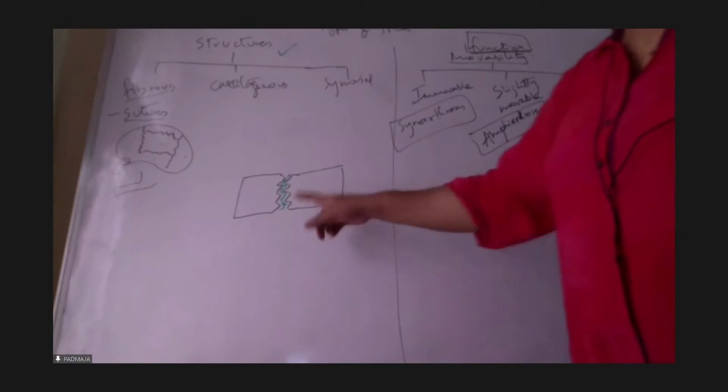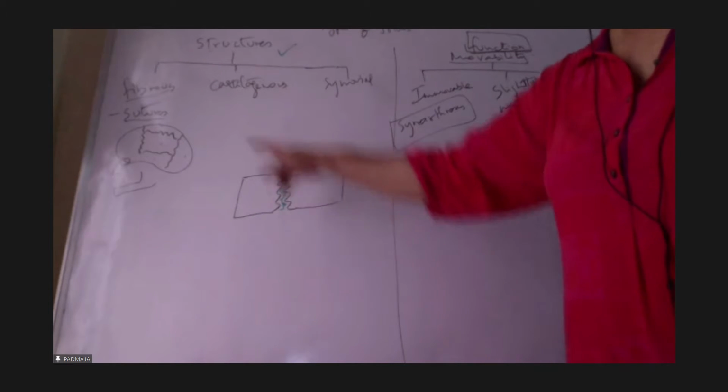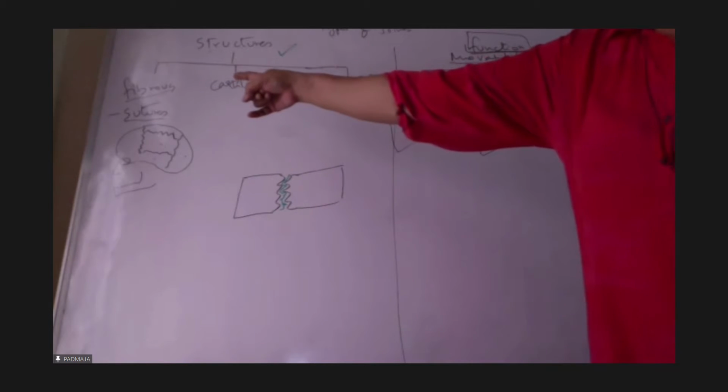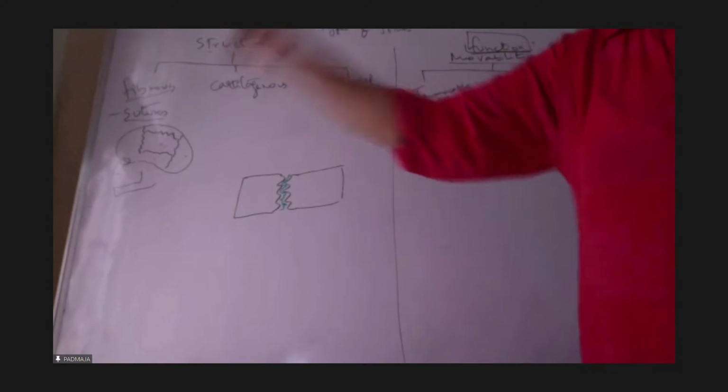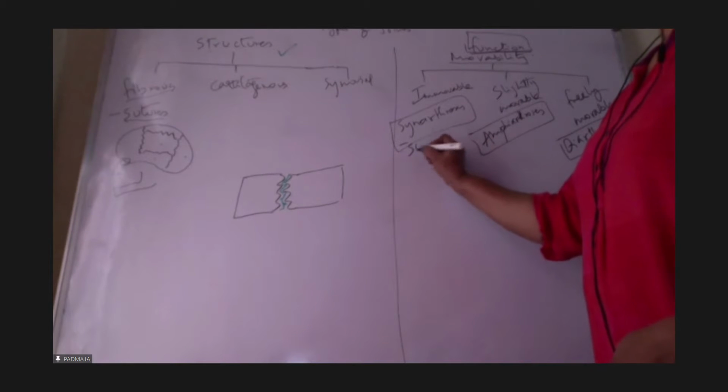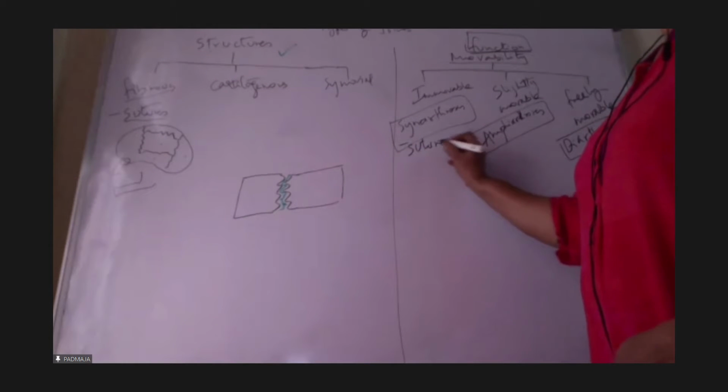As that joint is filled with collagen fibers, it is categorized as a fibrous joint. And according to mobility, they are immovable joints. So sutures come under synarthrosis, the immovable joints.